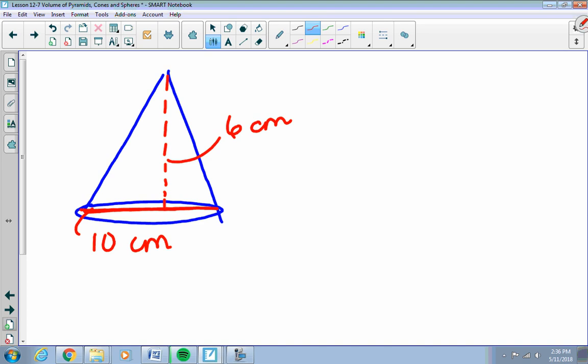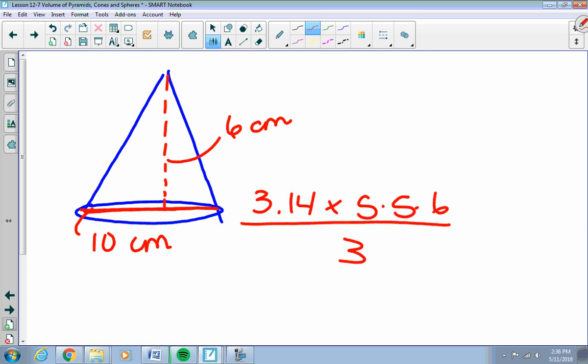So it would look like this: 3.14 times 5 times 5 times 6 divided by 3.